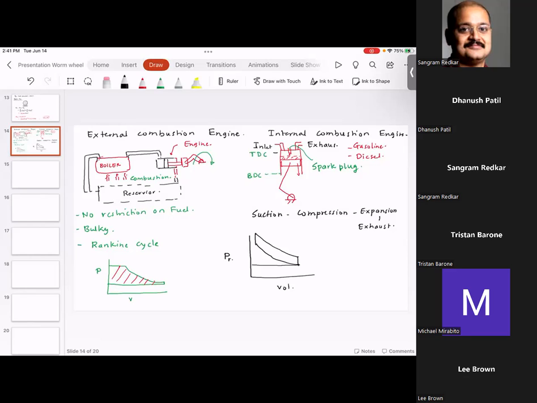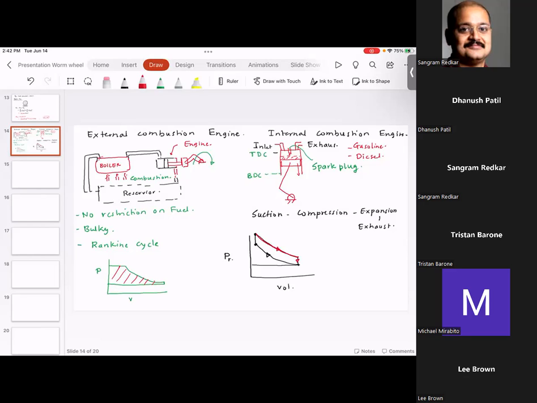This is compression. This is where the spark is initiated. This is where the combustion finishes. And then this is where the expansion takes place. And this is where the exhaust happens.